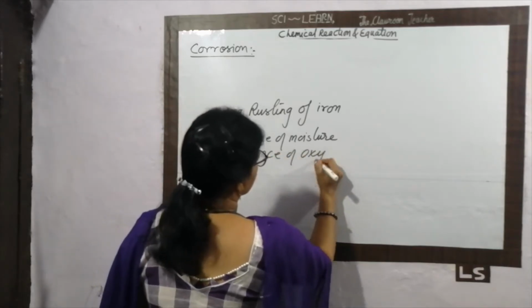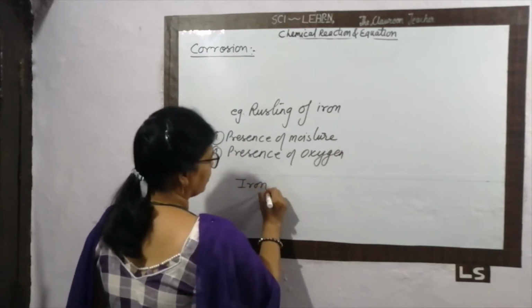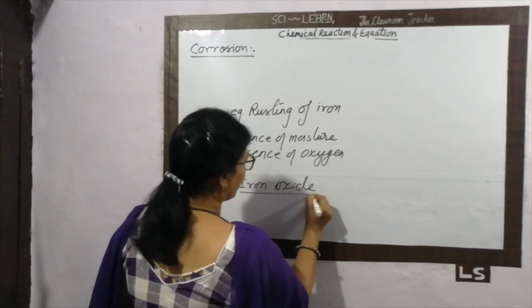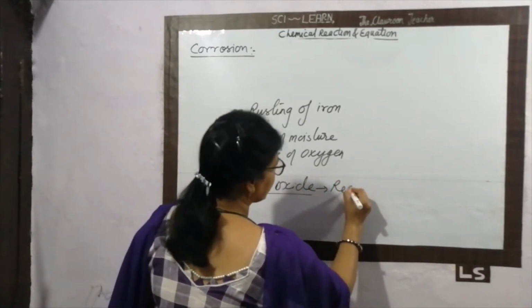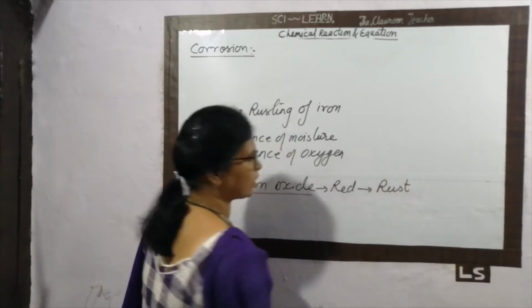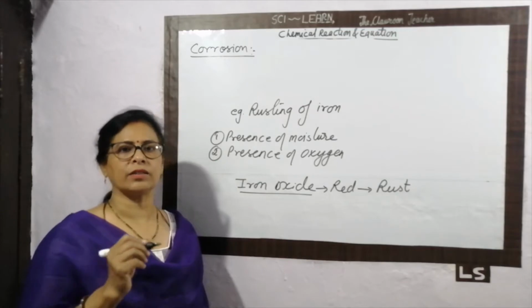Due to these two conditions, iron forms a red layer of iron oxide. Iron is oxidized to form iron oxide, and this iron oxide is red in color; this red substance we commonly call rust. The rusting of iron is the best example of the corrosion of metal.